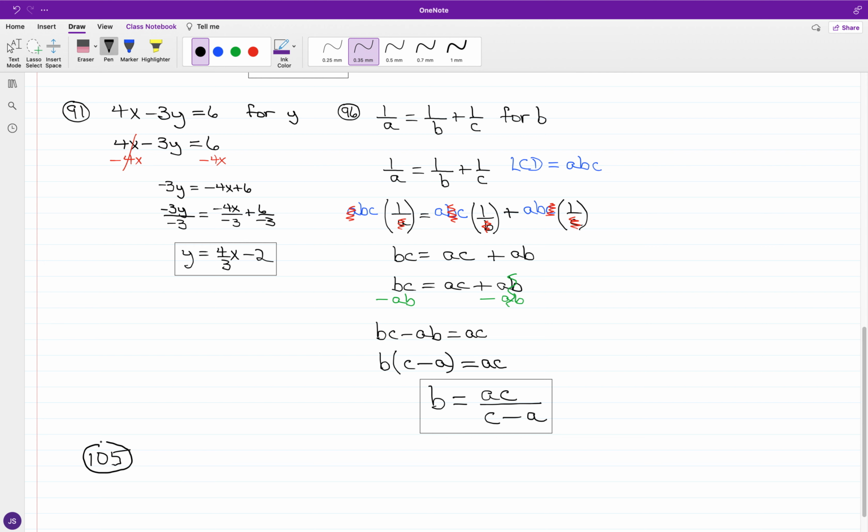That last one, when you get to the point where it says BC equals AC plus AB, why couldn't you just divide both sides by C? If I did that, I'm still looking at solving for b, because if I divide by c, I'll show you.